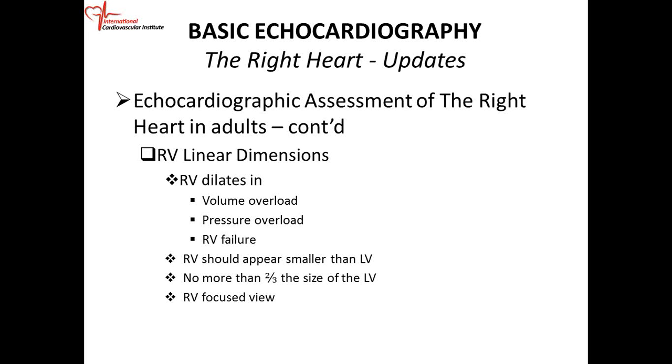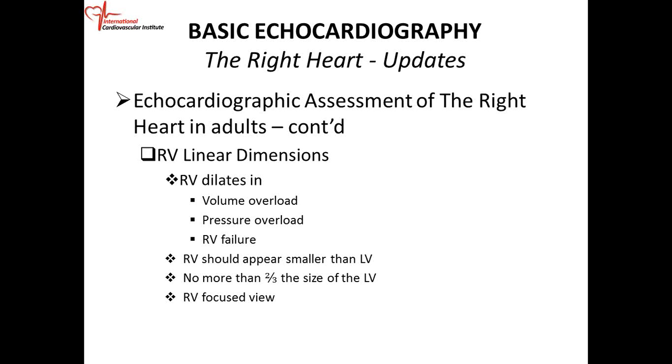A pressure overload scenario is if there's obstruction to blood getting out of the right ventricle. So if you have right ventricular outflow tract obstruction, anything of that nature can increase the pressure and cause the RV to dilate.